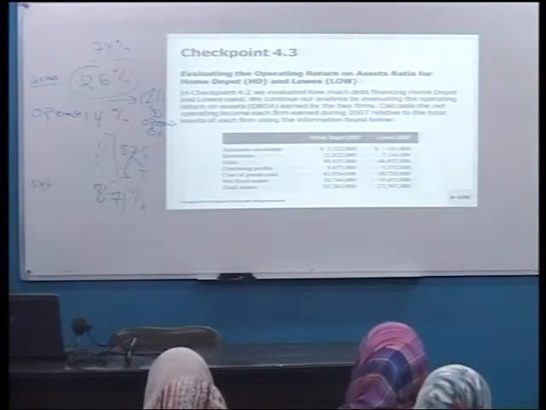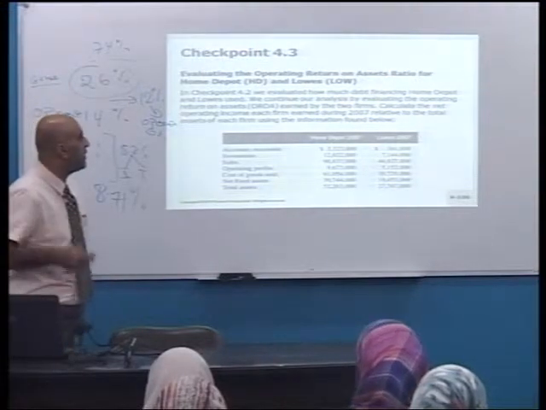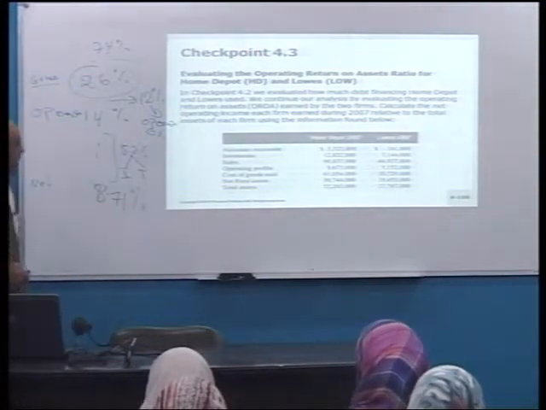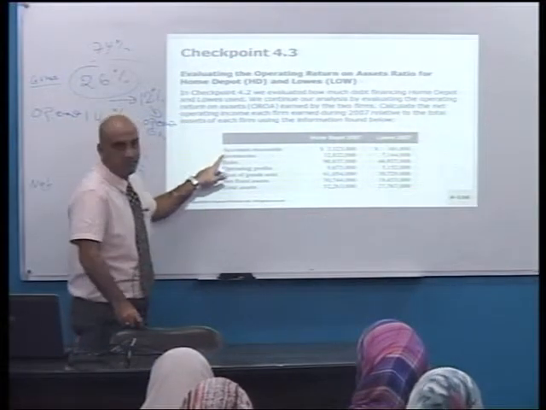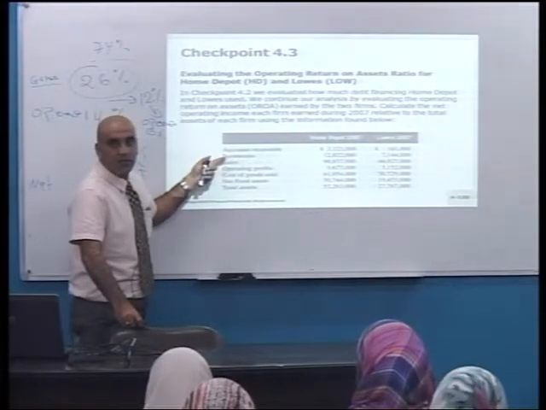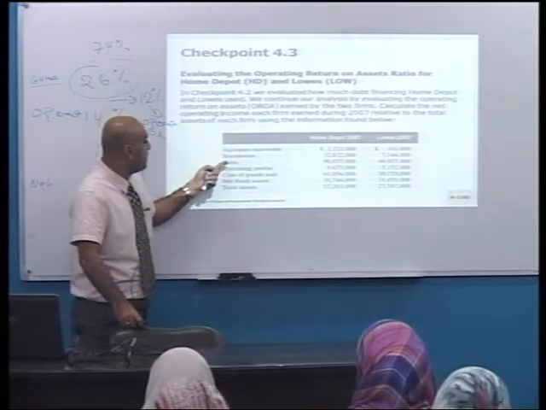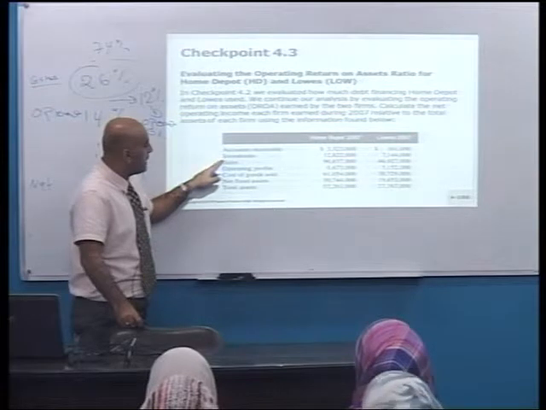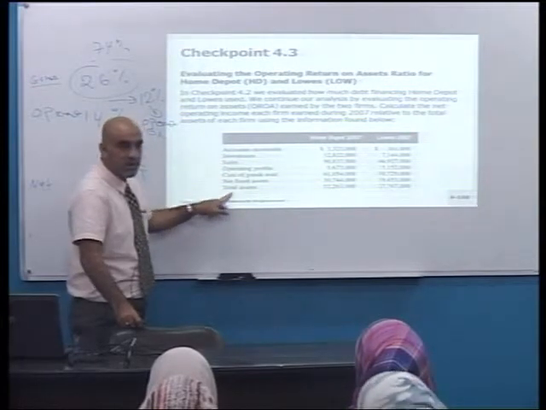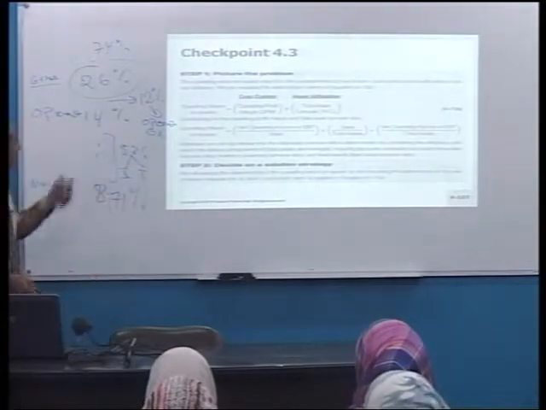These are checkpoints to evaluate the operating return on assets ratios. You have the account receivable, inventories. So you calculate the account receivable turnover, the inventory turnover, the return on assets, because you have the total assets. You do these calculations.